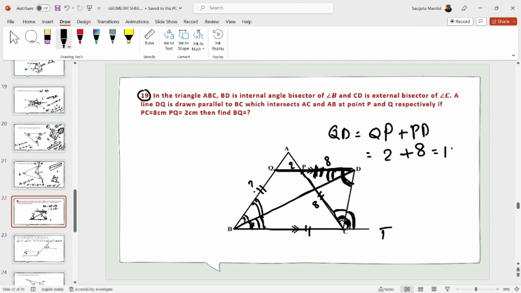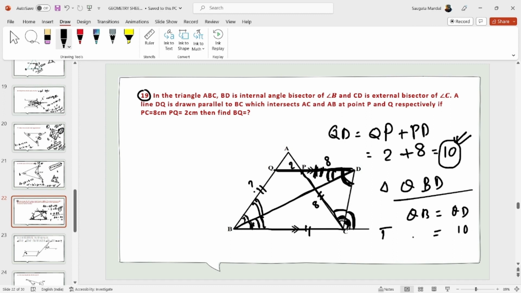That means 10. And in the same way, in a triangle QBD, we can prove that the side QB is equal to QD. And here we found the value of QD is 10.